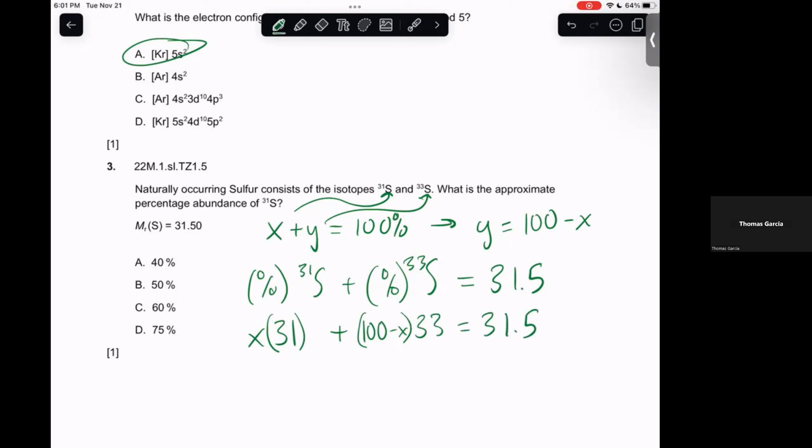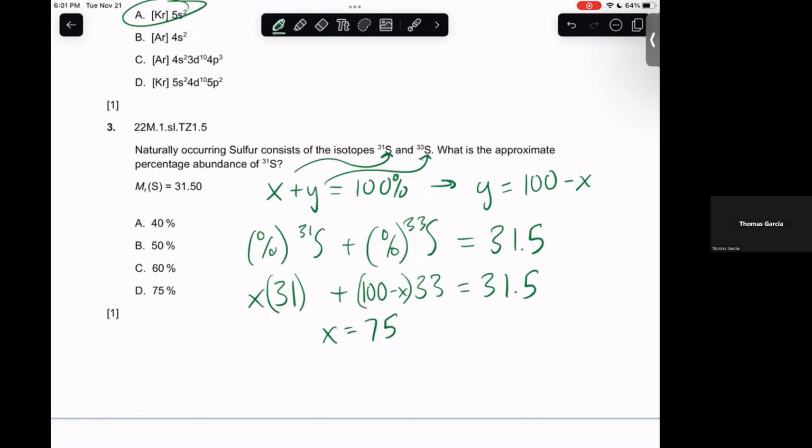And that'll tell us that x is equal to 75. I have an issue with this one. And by the way, it would be 75%. And we'd have to account for percentages. So instead of 100%, you would really actually have to say 1, but that is the mathematical technicalities.